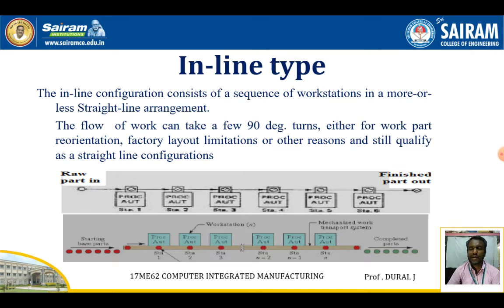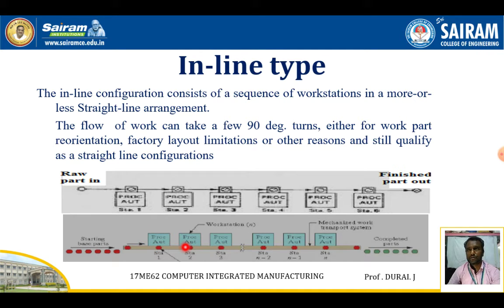So, in the inline method, the machines are interconnected with a single line. In this line, it will be placed in a straight line over here. So the machines are connected over here. In the flow line, n number of machines will be connected, and it requires relatively more area to perform the operations, and heavier components will be used.